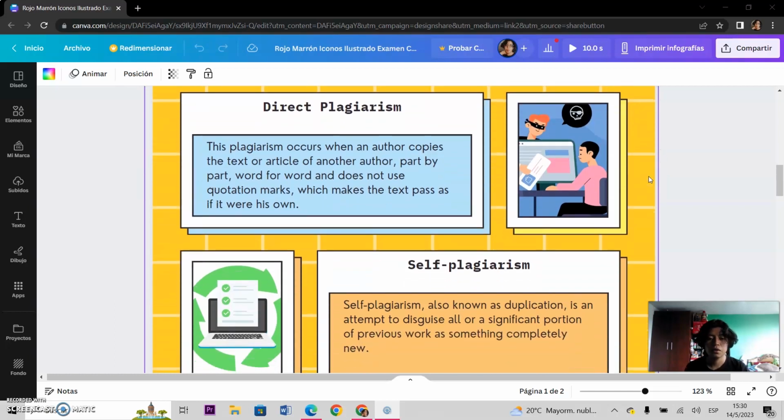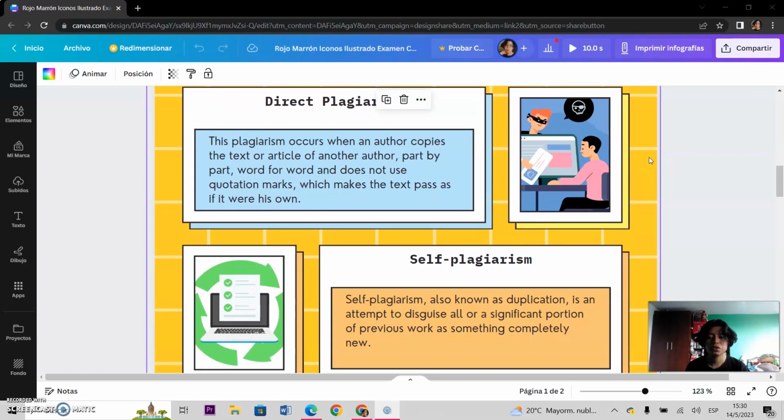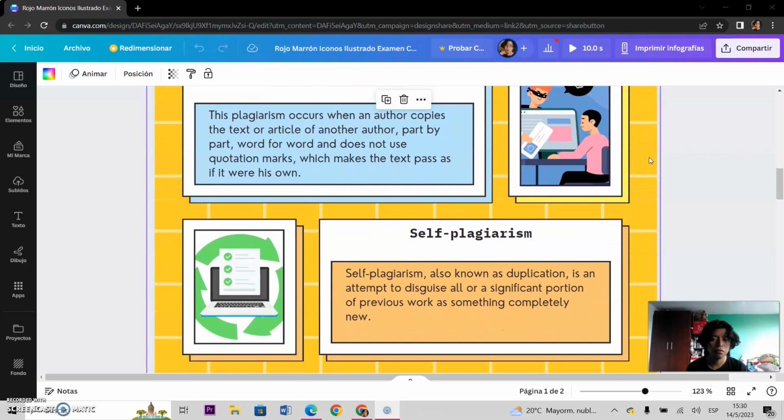Third is direct plagiarism. This plagiarism occurs when an author copies the text or article of another author, part by part, word for word, and does not use quotation marks, which makes the text pass as if it were his own.